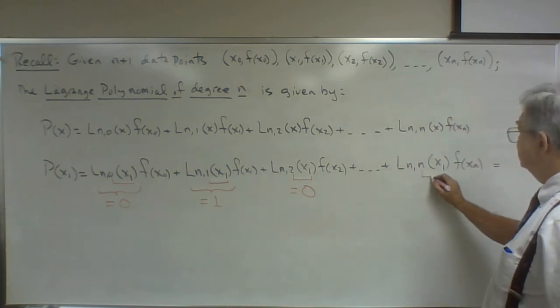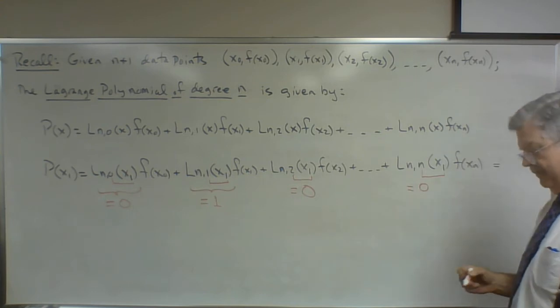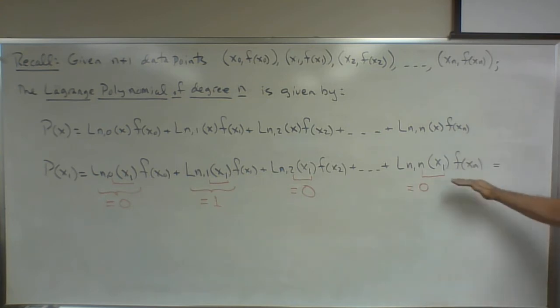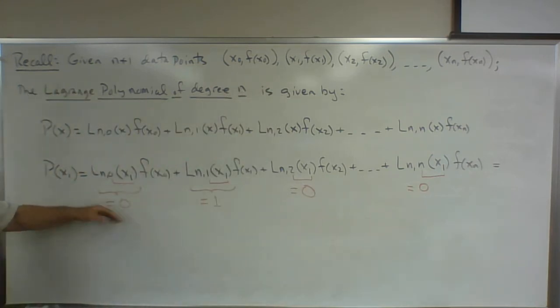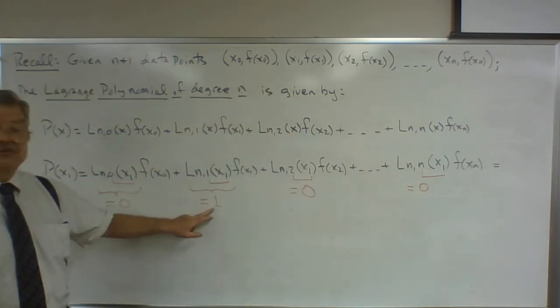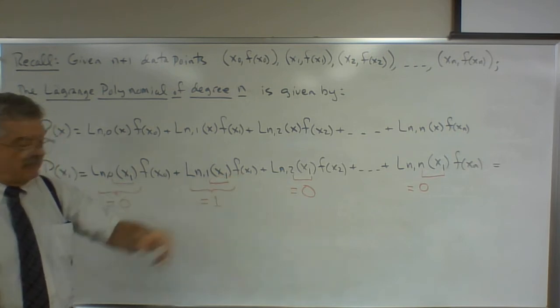Over here, these two subscripts are different, so this is going to be 0. So this is 0, this is 0, and this is 0. The only term that's not 0 is this one, and it's equal to 1 times f of x of 1.